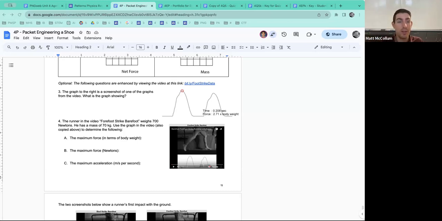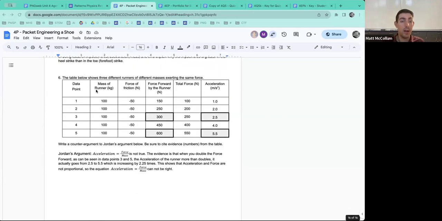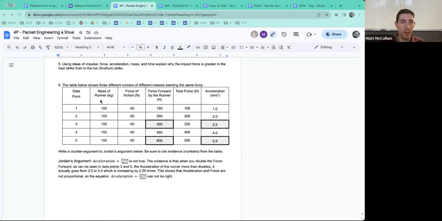You can see the graph there, and the video, that bit.ly up at the top, has the foot strike data on it, and you can see in live action when somebody's running how that force is changing. So we're pulling those ideas of mass and force back to acceleration. And then Bradford, if you don't mind scrolling down just a little bit, the data goes further.